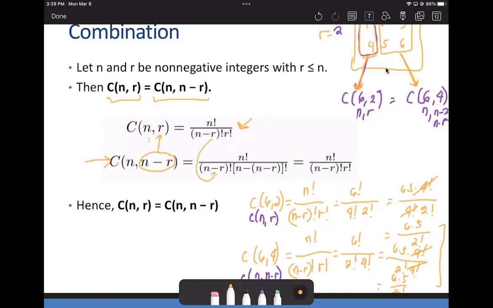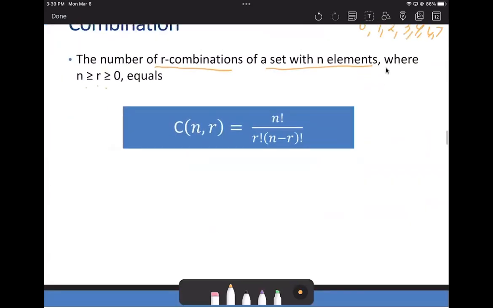Nakita nyo siya dito naging n minus r na siya, right? Tapos yung itong n minus r naging n minus r na siya. So, if tatanggalin natin itong parenthesis, makakancel itong n minus n. So, we'll be left with n factorial divided by n minus r factorial times r factorial. Alright? So, iyan lang yung dapat maalala.